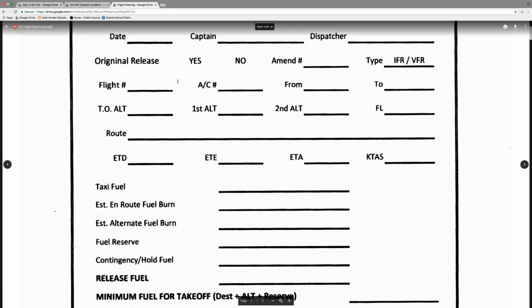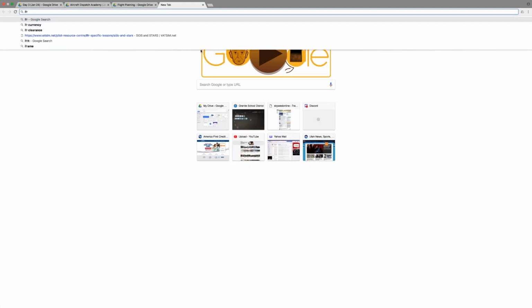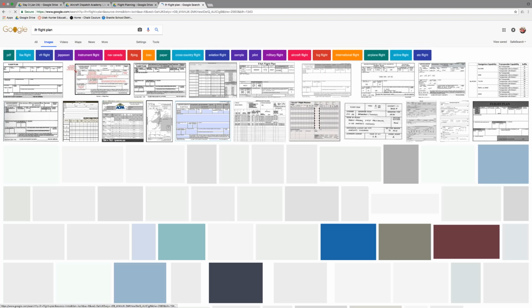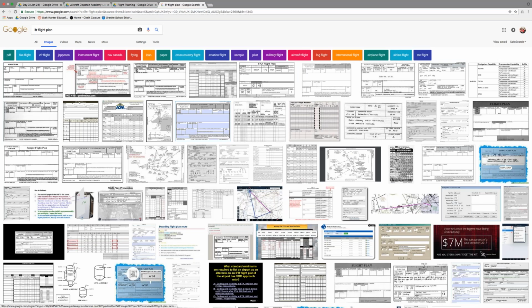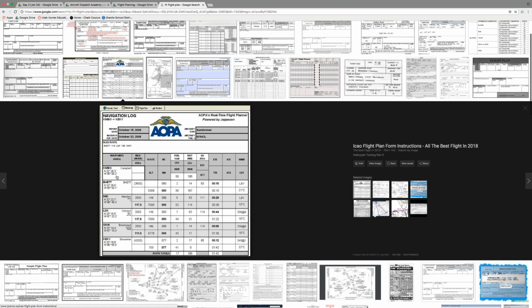So an IFR flight plan, I'm going to just pull one up really quick, just so you guys can kind of see what it looks like. Okay. So an IFR flight plan, this is kind of the same thing that we're going to fill out when we're planning our flight.